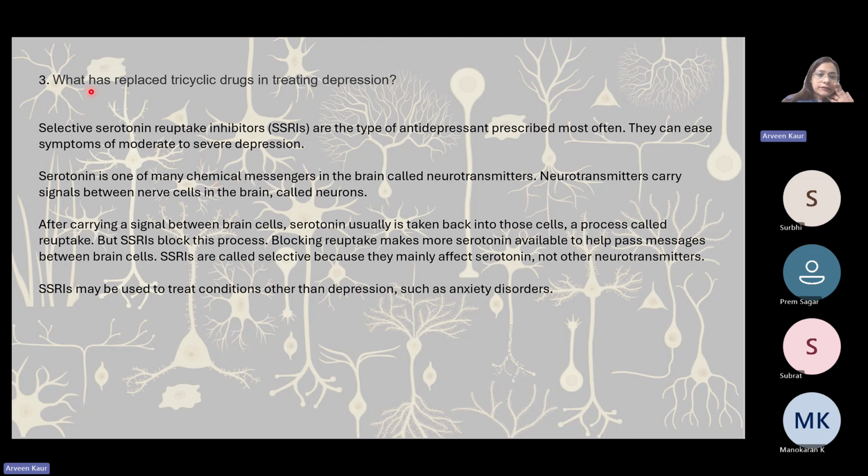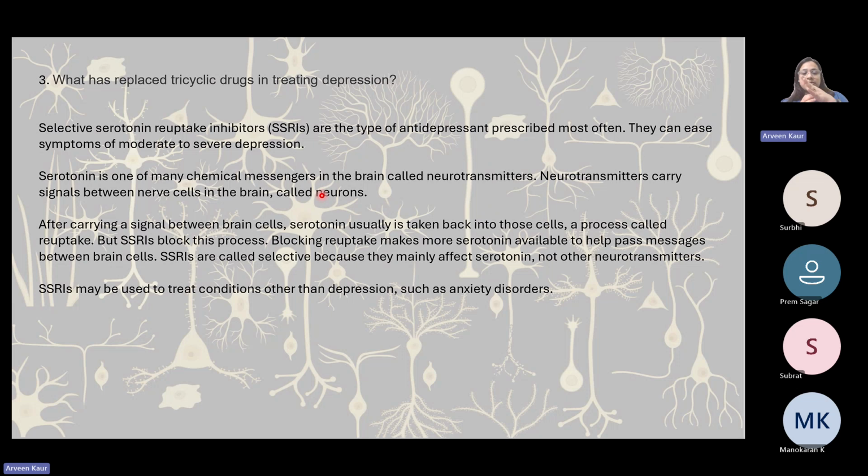So we know that serotonin is one of the many chemical messengers. So it is also a neurotransmitter in the brain, right? Neurotransmitters carry signals between nerve cells in the brain, which are known as neurons. After carrying the signal between the brain cells, what generally happens is, for instance, there is a synaptic cleft that is present.